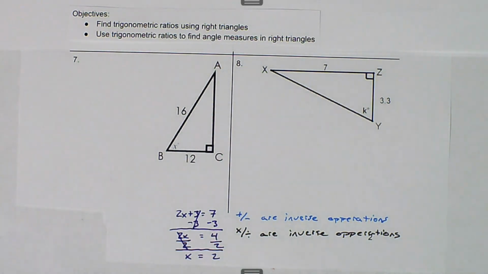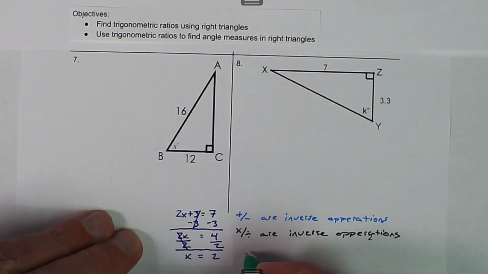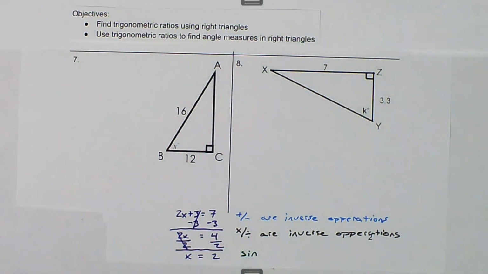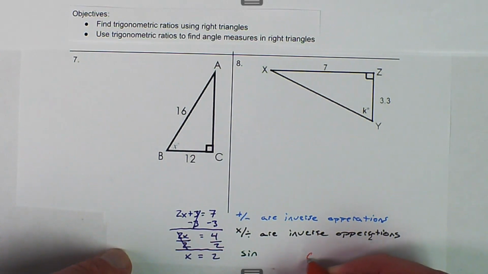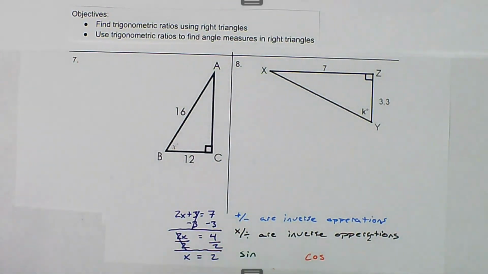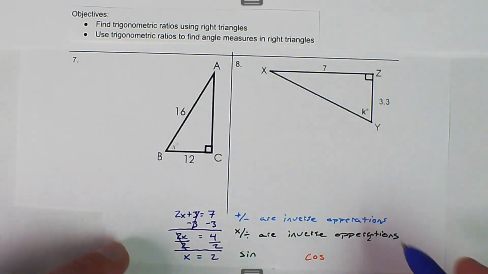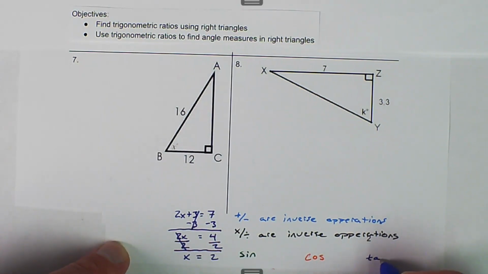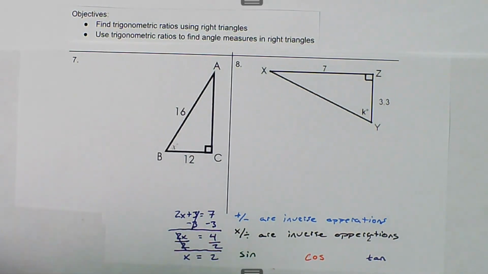Now we go to the trig functions, and we have 3 trig functions right now. We know about the sine, we know about the cosine, and we know about tangent. Each one of these functions has an inverse function.